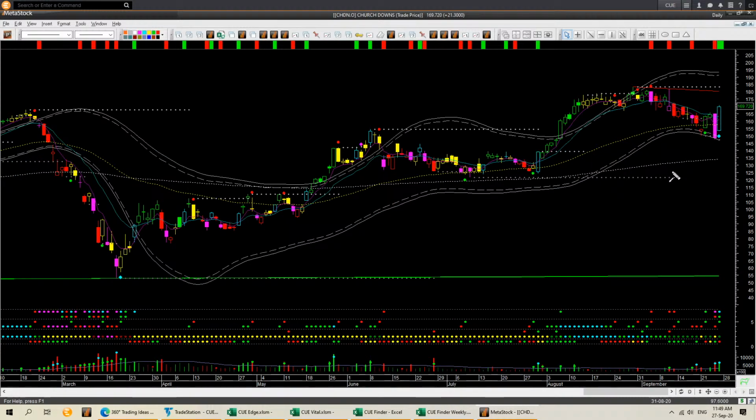CHDN. It went up with a bullish headwind, bullish pressure, bullish U-turn, high volume, bullish flow, many bullish signals.